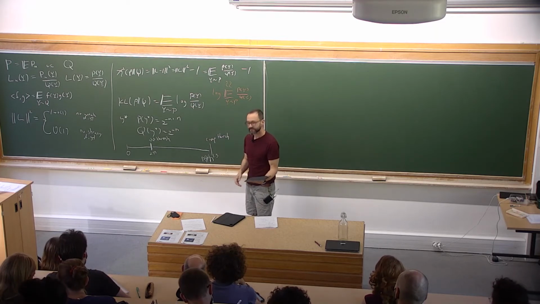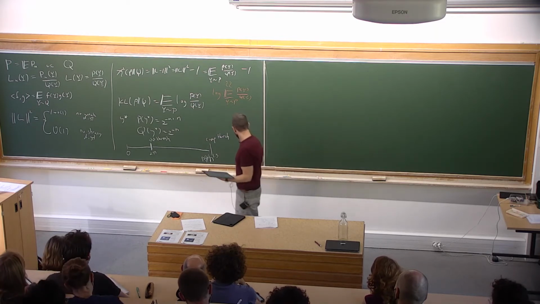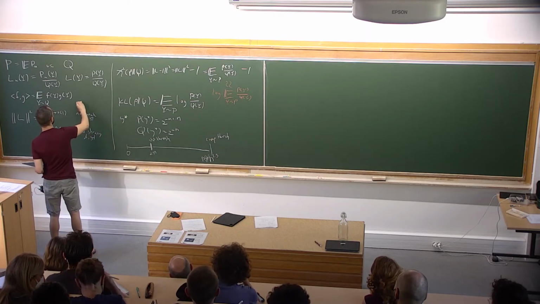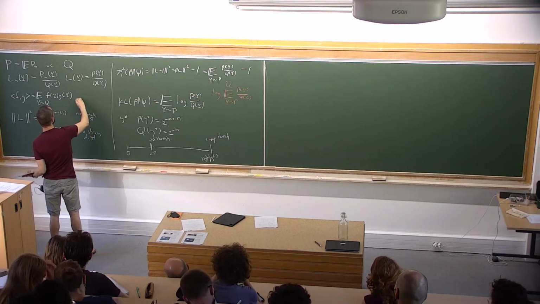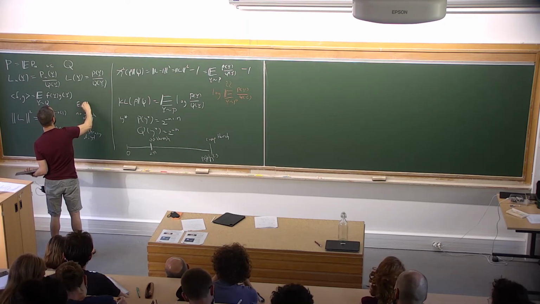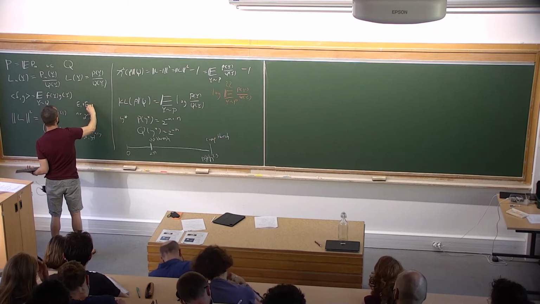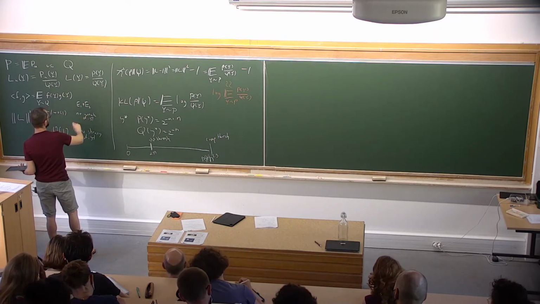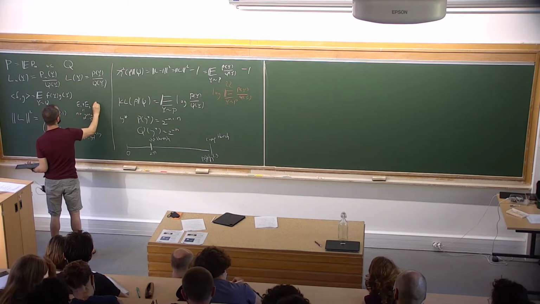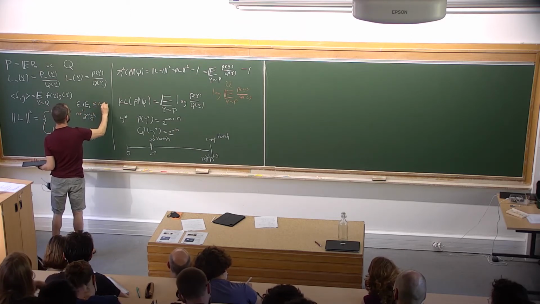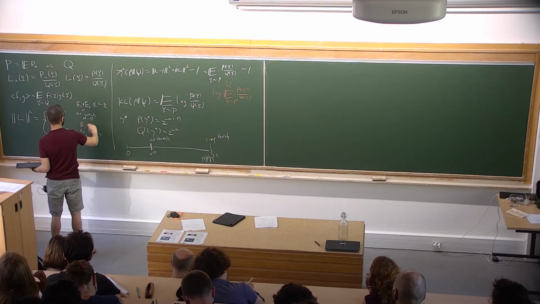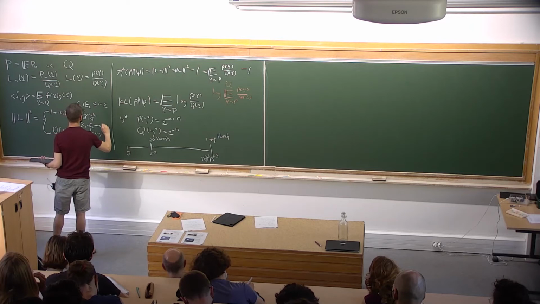What's the difference between weak and strong here? So weak will be, if we define the sum of the errors, so let's say E1 is type 1 errors and E2 is type 2 errors, weak means that this is less than 1 minus epsilon, and strong means that this goes to 0.